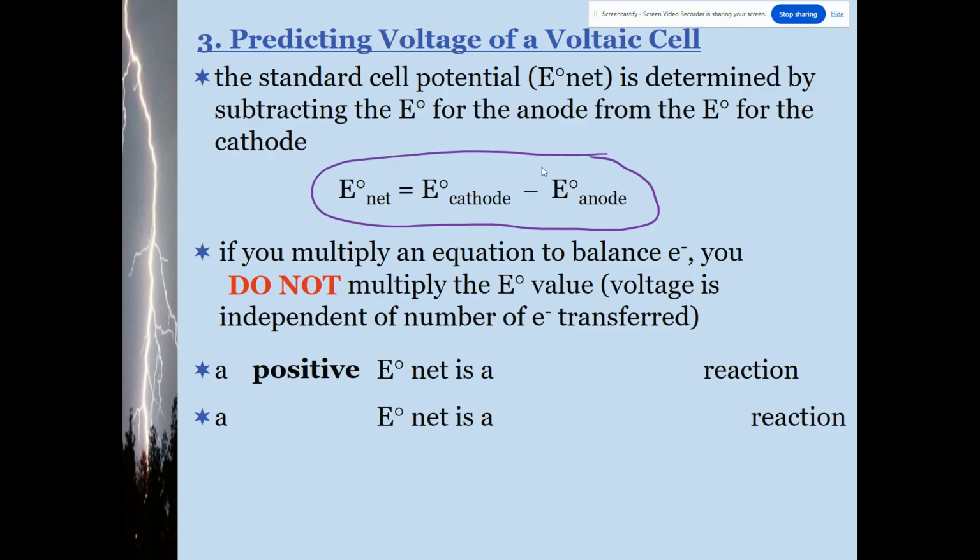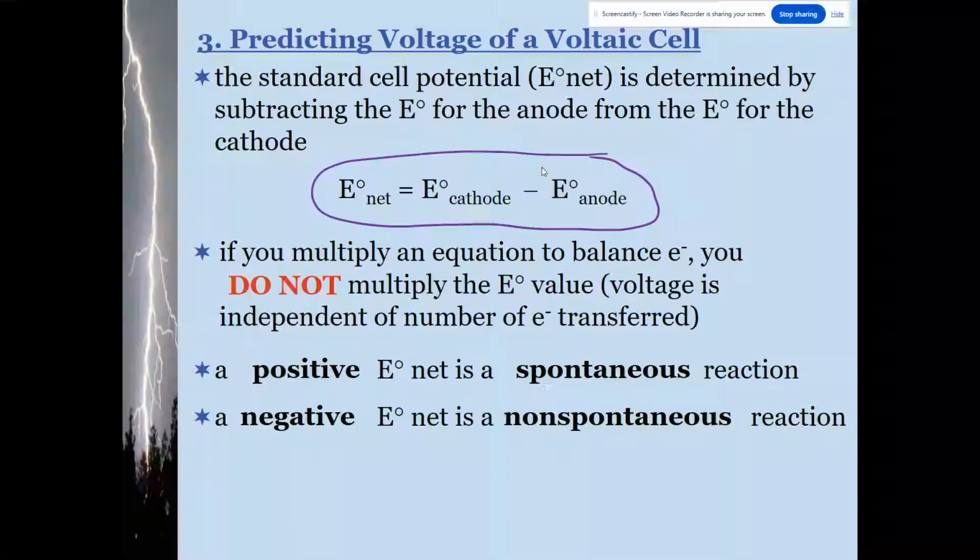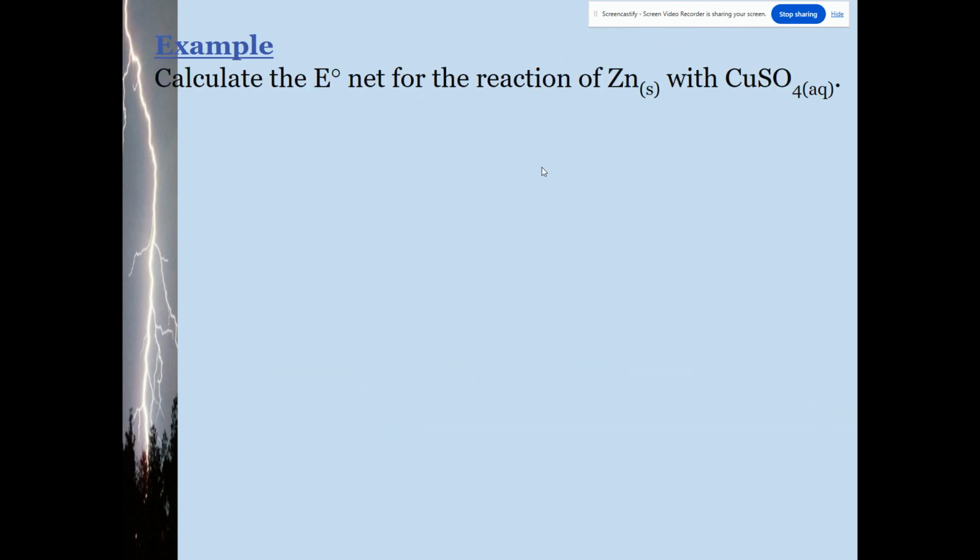Now, if you get a positive value, then that means your reaction was spontaneous. If you get a negative value, that means your reaction was non-spontaneous. So this also helps us predict the spontaneity of our cells. And voltaic cells should always be spontaneous and positive. There's another type of cell we'll look at in the next lesson where they're always negative. But if they're positive and spontaneous, they are a voltaic cell.